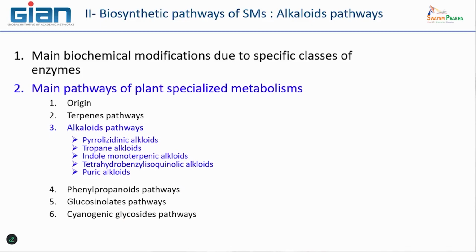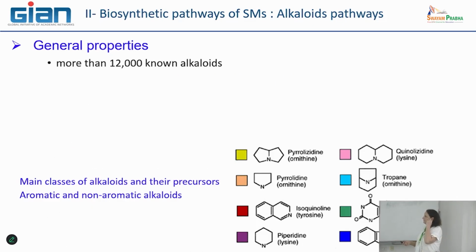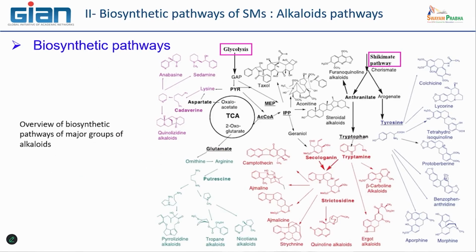What happens with the alkaloid pathway? Here are the four families I showed you before, and here is the general metabolic pathway I showed you before, with the different intermediates: aspartate, glutamate, tryptophan, or anthranilate that come from the shikimate pathway.